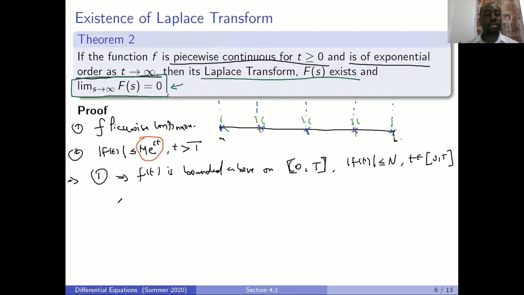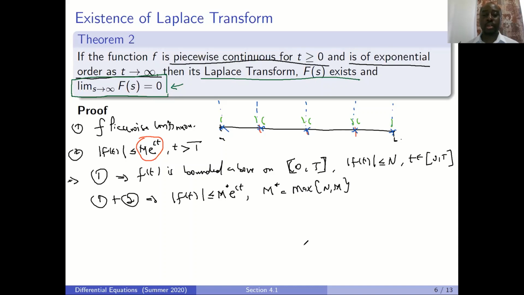And so the two conditions, being piecewise continuous plus being of exponential order, imply that my function is bounded above by m star e to the ct, where m star is the maximum of n and m.